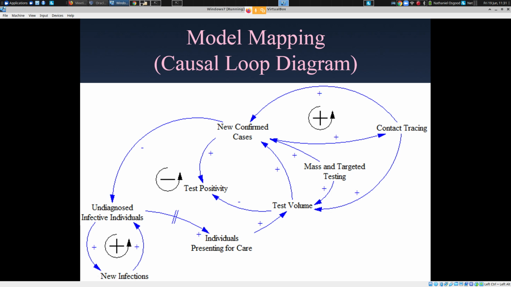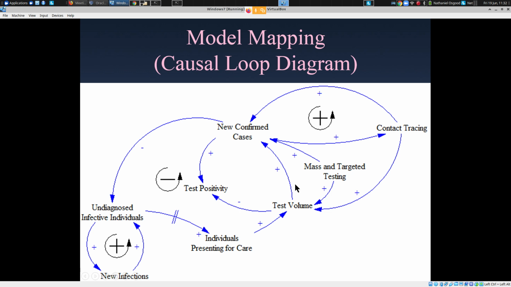Fortunately, there are counterbalancing things, and I haven't shown all of them, but one of them is, over time, the more undiagnosed individuals we get, with a delay, that's what the slashes represent, the more present for care. That leads to higher test volumes, more new confirmed cases, and by taking those people out of circulation, fewer undiagnosed infective individuals. So we have a balancing loop here that counterbalances what would otherwise be out of control.